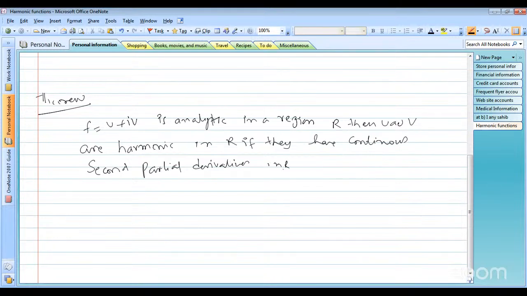So we are thinking here of u + iv, the real and imaginary parts, in a region R. u and v are harmonic functions, and we are finding the continuous second partial derivatives here.